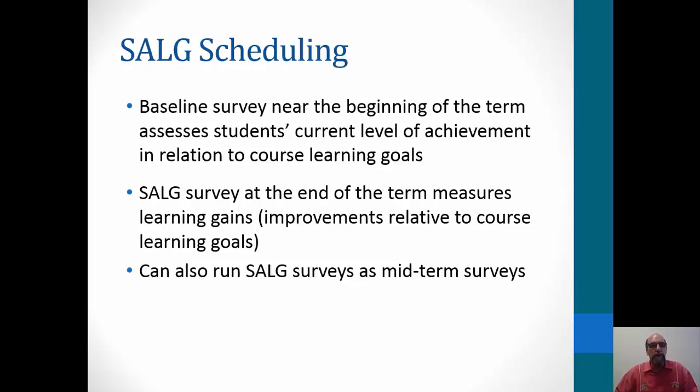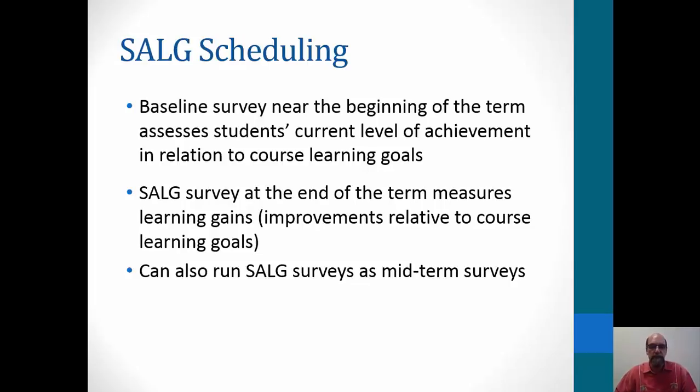Again, sort of how does it work? In terms of scheduling, there's the option of using a baseline survey, and about a third of our users use baseline surveys at the beginning of the term. And the baseline survey is simply the first 4 questions. Those are related to the course goals. And they assess the student's level of achievement at the beginning of your course in relationship to those goals.